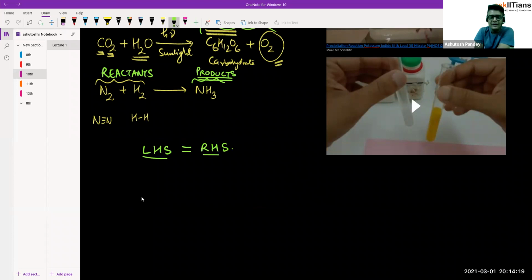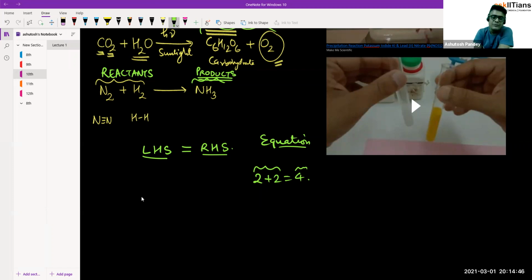That's why we call it an equation. In math we have mathematical equations like 2 plus 2 is equal to 4. On the left hand side we have something, and on the right hand side a different thing, but both are equal. That's why it is called an equation.